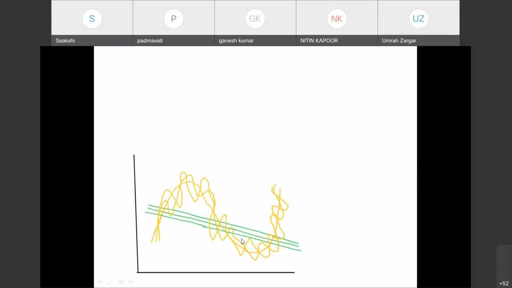Whereas in the previous case, three lines were generated. These green lines indicate the lines generated by the simple model on three different data sets. Now you can see the yellow curves.